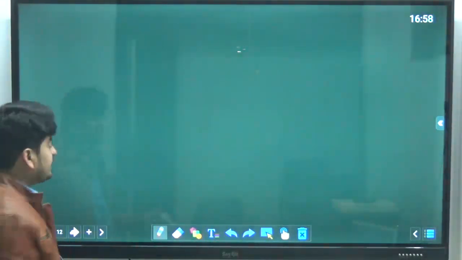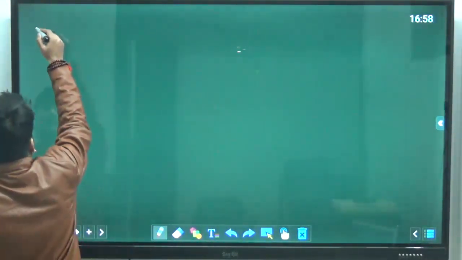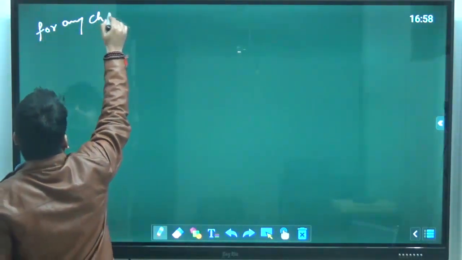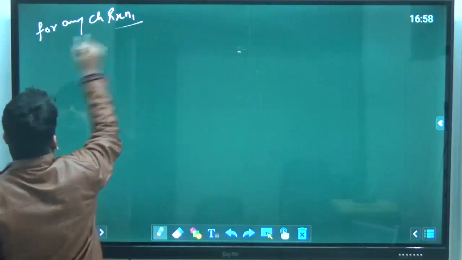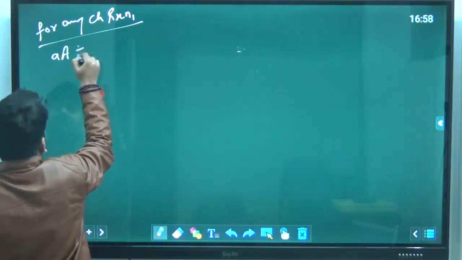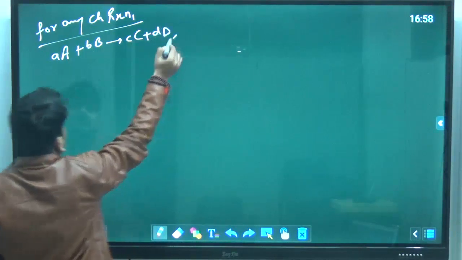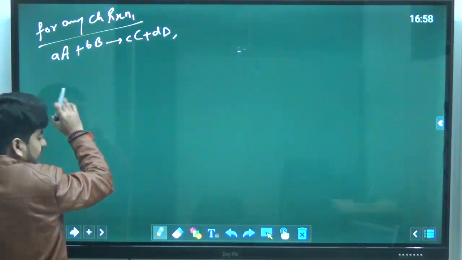Now how to calculate K? See, it is simple. For any chemical reaction, suppose we have A A plus B B gives C C plus D D. Okay.